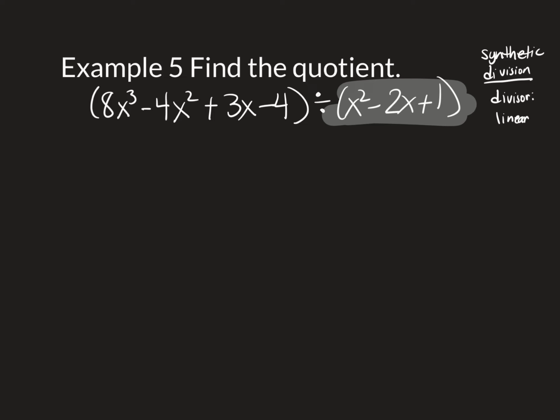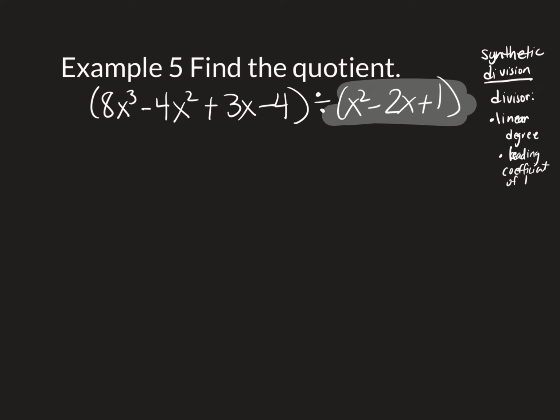That means it has a degree of 1. Then, after it meets that condition, it has to have a leading coefficient of 1. So your divisor has to be linear, and then it has to have a leading coefficient of 1.